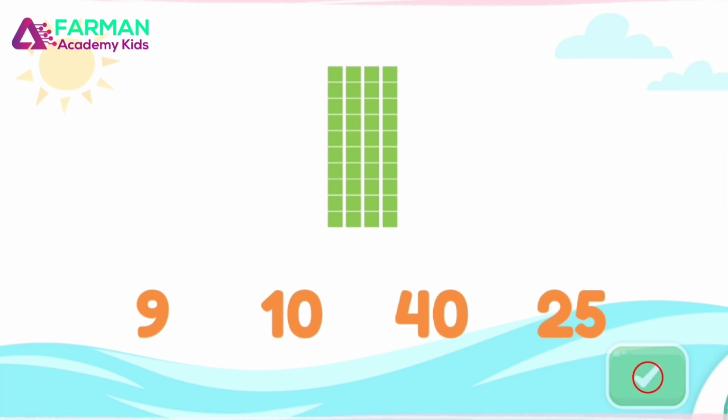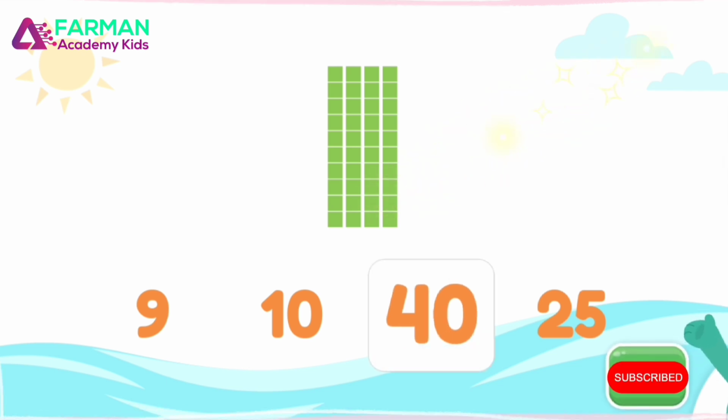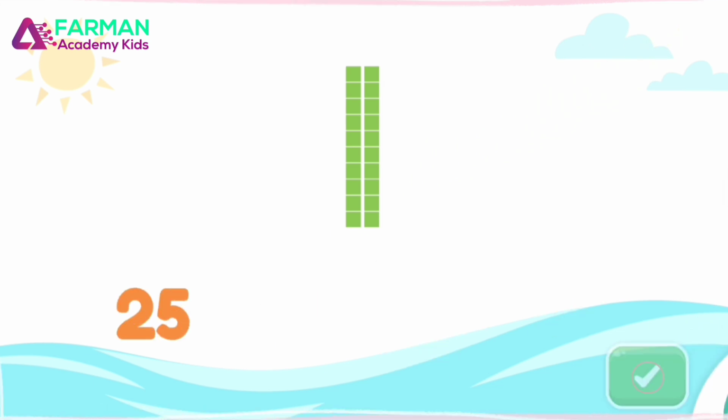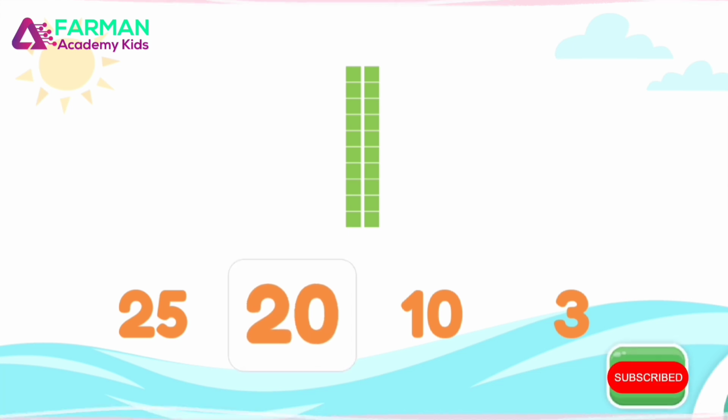How many blocks are there? Each rod equals 10 blocks. You did it! There are 40. How many blocks are there? Each rod equals 10 blocks. You did it!